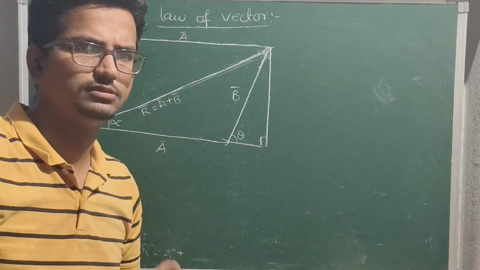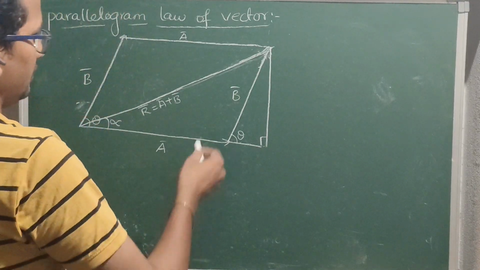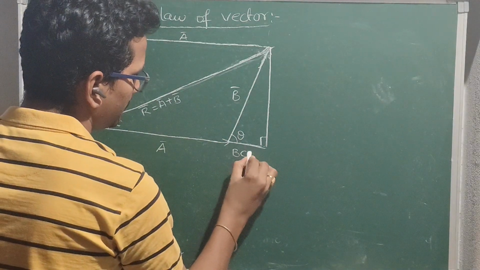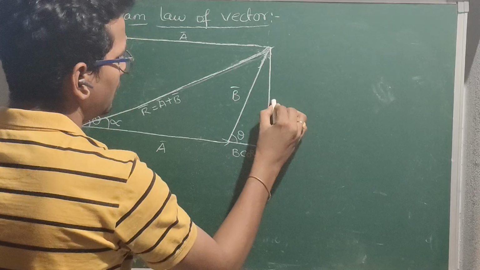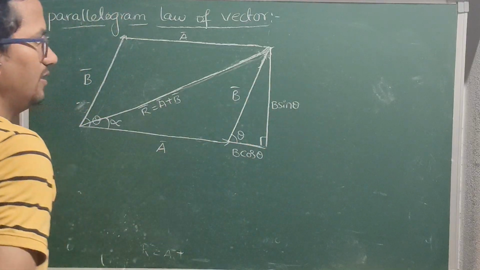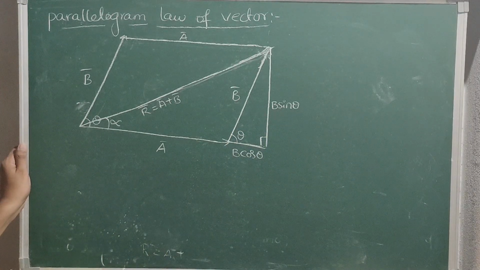Just see that video and later you can understand easily. The adjacent side component is b cos theta, and the opposite side component is b sin theta. We already discussed this in the previous video.